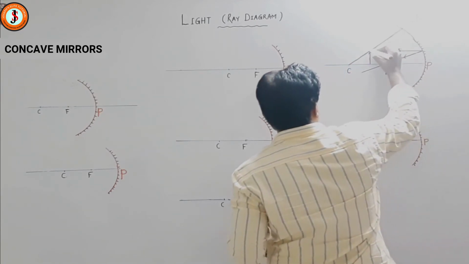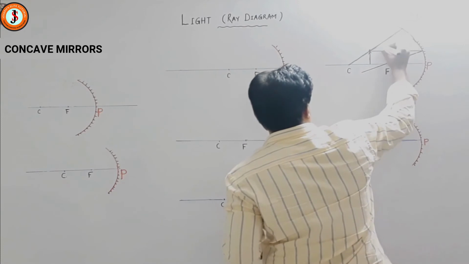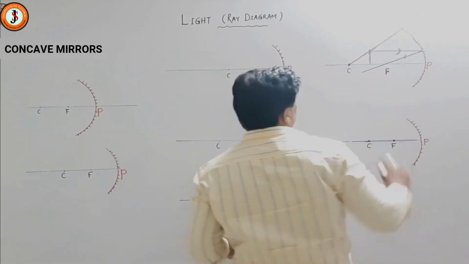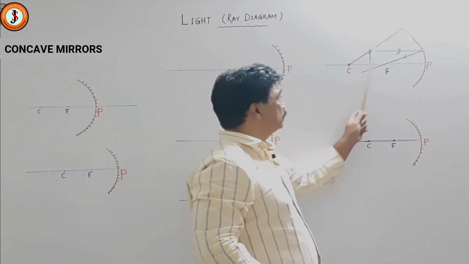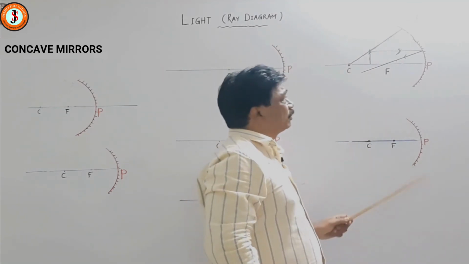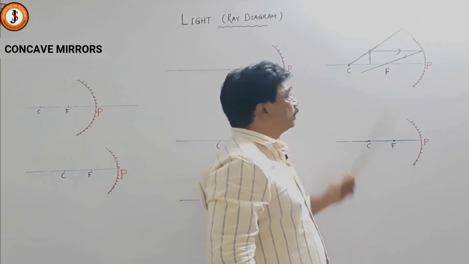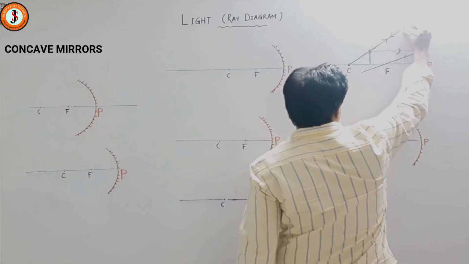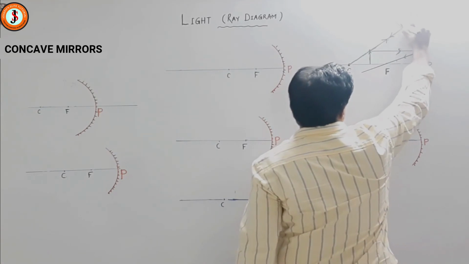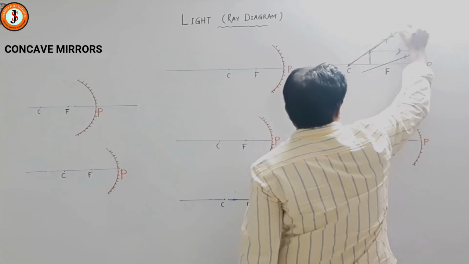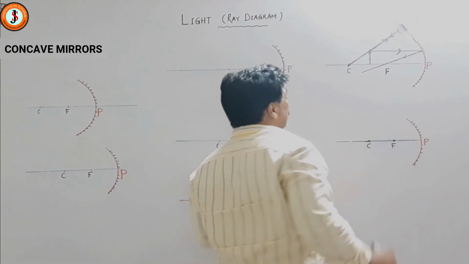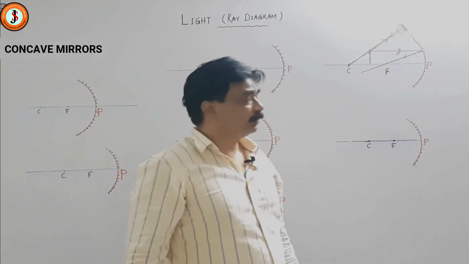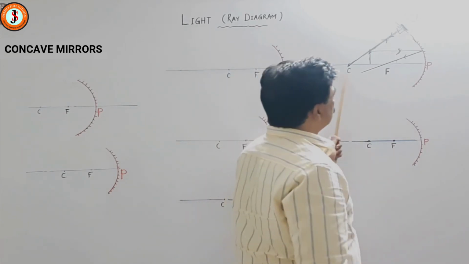That means a ray is going out, but when it comes back, the tip of the object, the mirror and the center of curvature are all on a straight line. Then the ray will retrace its path. The reason is that if I draw a normal at that point through the center of curvature, this is a right angle. So whenever a ray is incident normally, it comes back normally. That is the reason. So in many of the diagrams you will see this one.